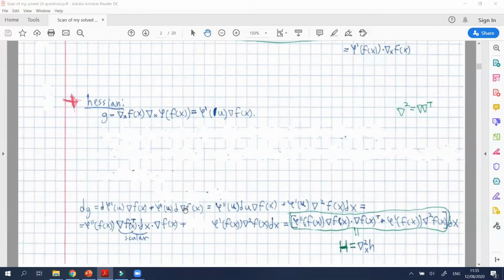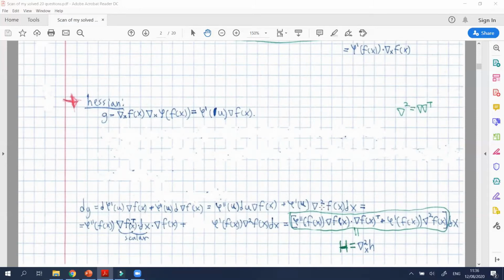Deriving this and remembering that phi prime here is a scalar, we just get phi double prime u du, which is just the regular definition we already know, times the gradient of f of x plus phi prime of u times the Hessian.